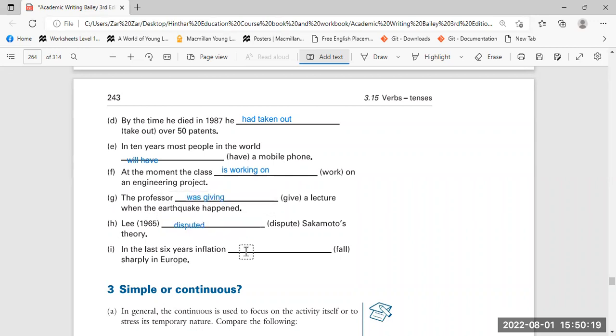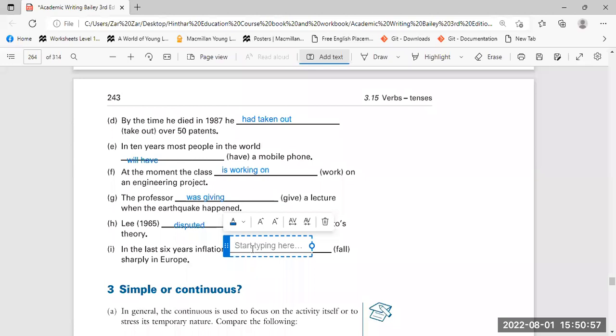In the last 6 years, the inflation blank sharply in Europe. In the last one. Fell. Fell. Yes, I think fell is not correct. Fall. Because this is for during those years, right?